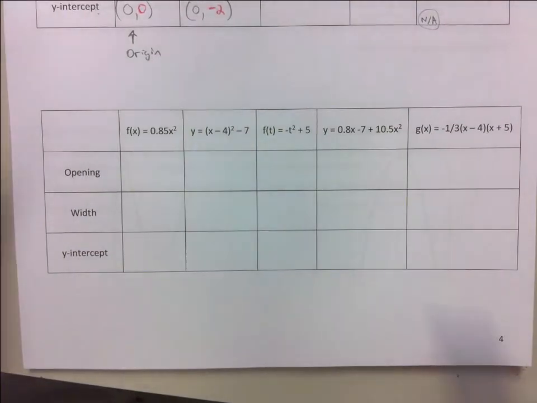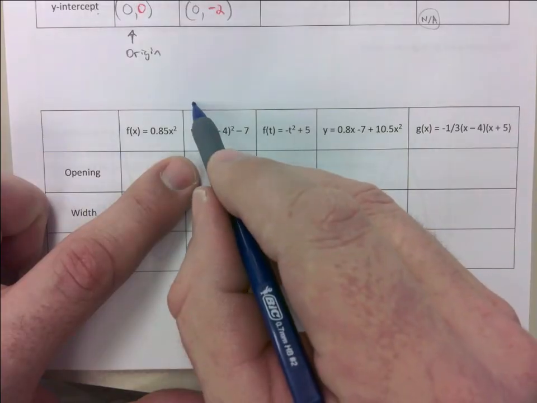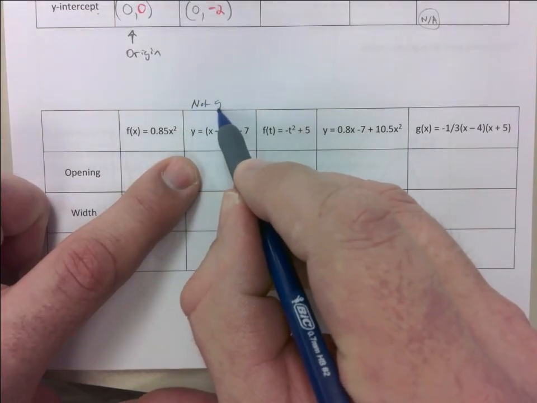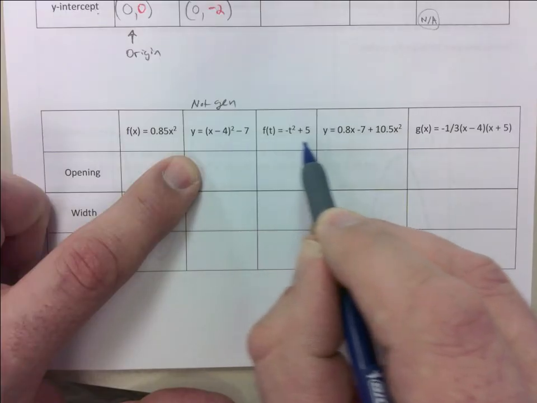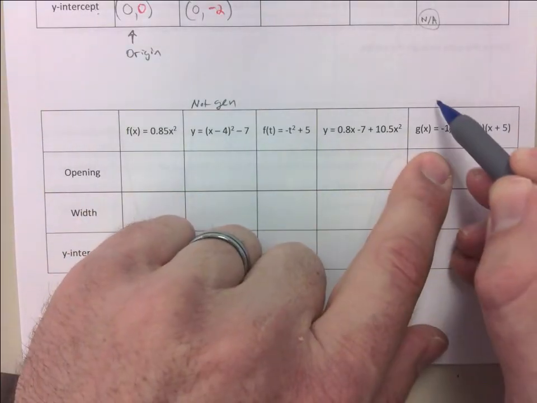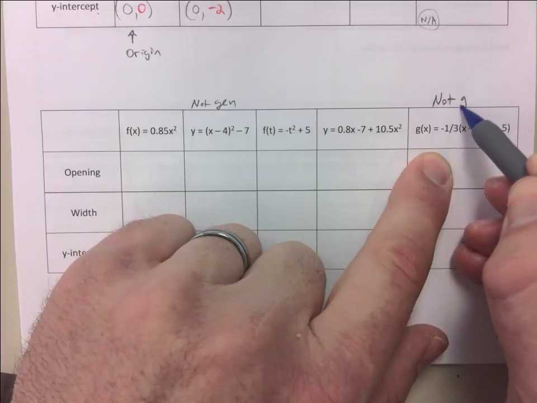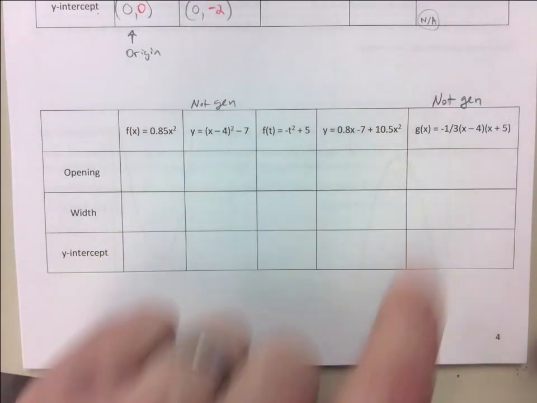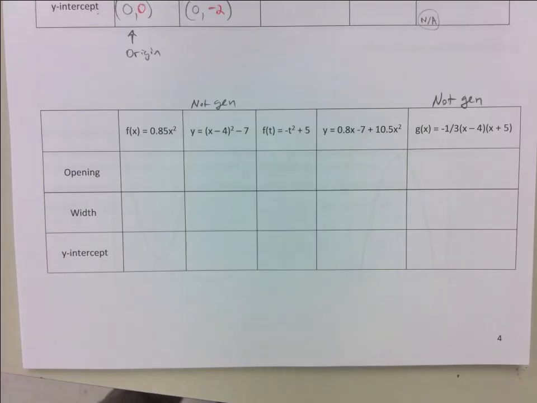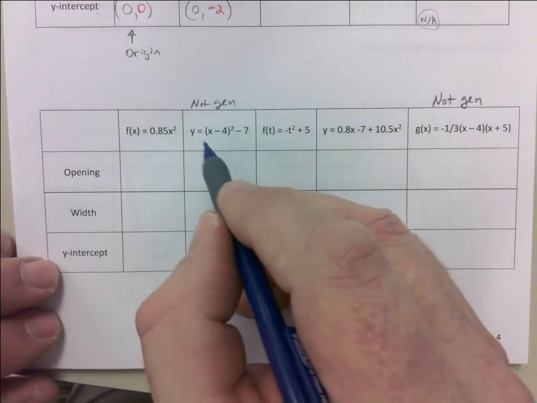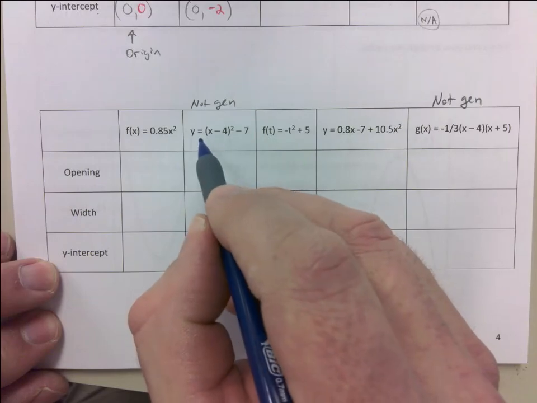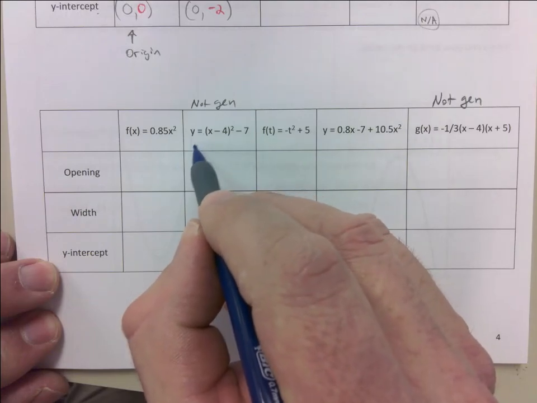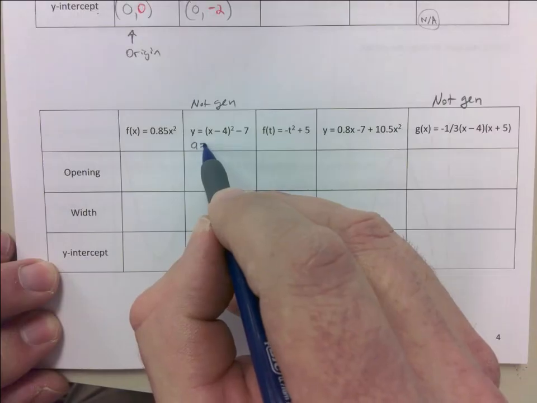Which one is not in general form here? This one? This one is also not general. However, I think you're smart enough to pick up on this. What is A equal to here? What's in front of that bracket? It's just 1, right?